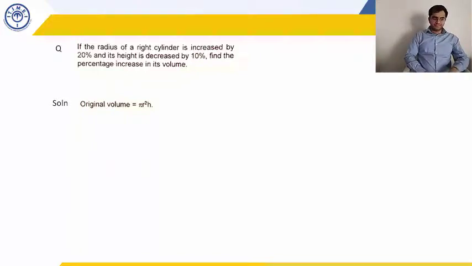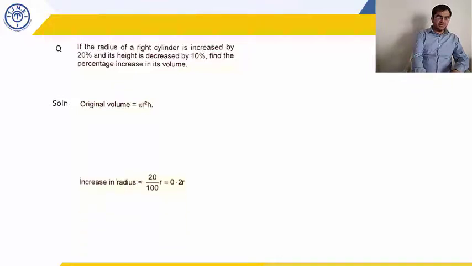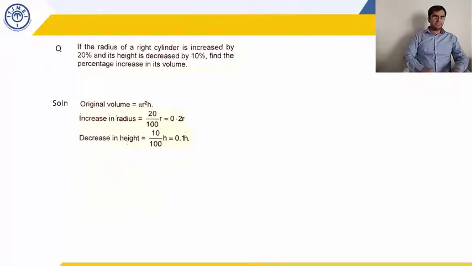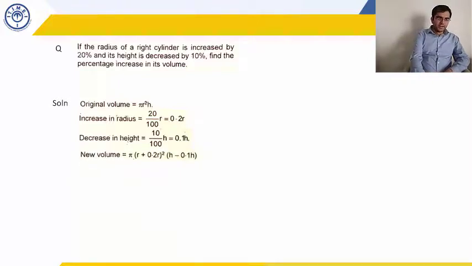That means it increases by 20 by 100 times r. And what is the decrease in height? 10 by 100 times h. So what is the new volume now? Pi into r plus 0.2r whole square into h minus 0.1h.